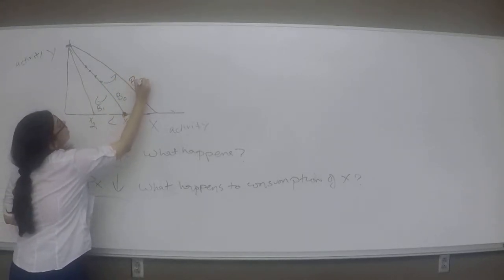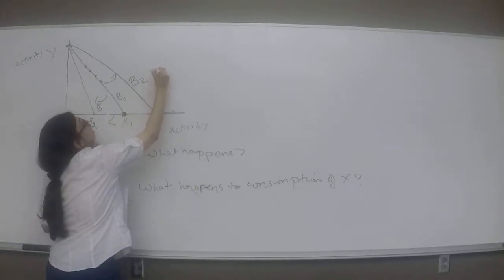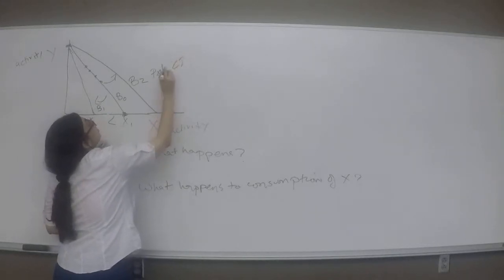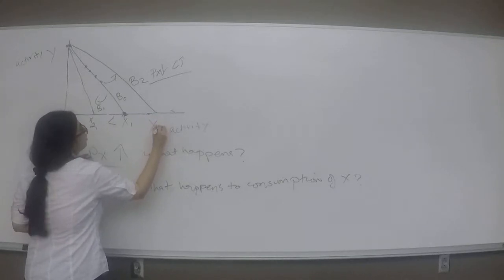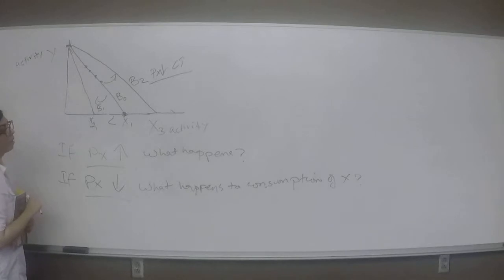So this is your B2 now, which means the price of X went down and your consumption went up. So this X3, you're consuming more than you were consuming before. Why? Because the price of X went down.